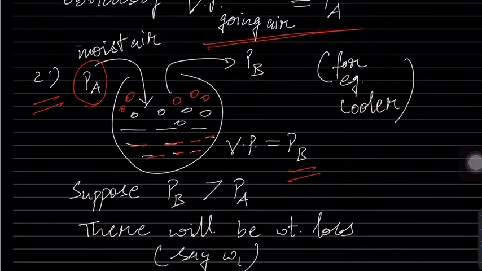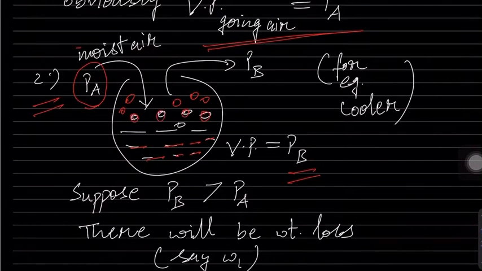Now it will take some amount, or it will give some amount. There are two possibilities. Either it will lose some vapors here, or it will gain some more vapor from here, isn't it? And obviously the vapor pressure of the outgoing air will be PB.